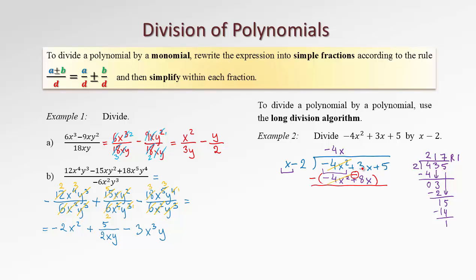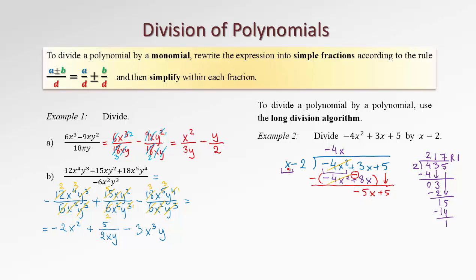Okay, let's do it. 3x minus 8x is negative 5x. Okay, so we are at this stage. That's our remainder. And what we do next, we drop the next digit. Instead of a digit, we'll have the next term in the polynomial case. So it's plus 5. And the whole algorithm will start all over again.